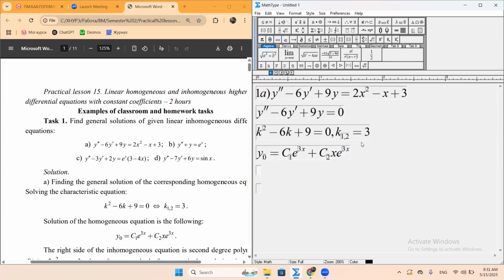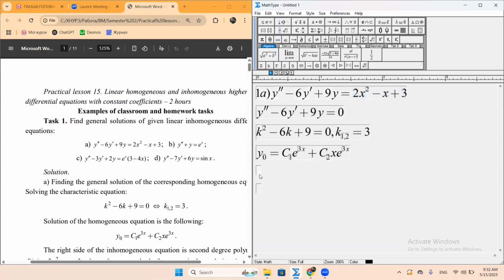And how do we solve the inhomogeneous equation? We can see that the right part has a special form: it is a polynomial of power 2. Also, the control number of this polynomial equals 0, and it is not a root of the characteristic equation.